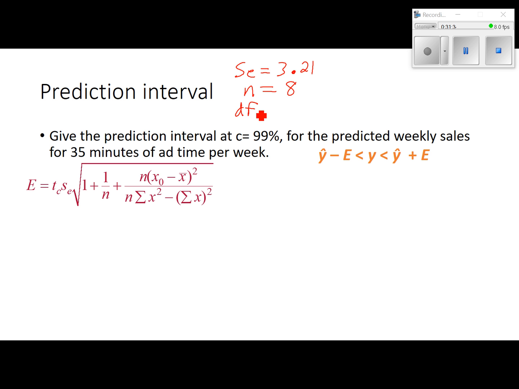That's why I didn't like when some people were putting n minus 1 on the symbols and definitions tests and quizzes. It's degrees of freedom, because now the degrees of freedom are n minus 2, which is going to be 6 this time. And they tell us that our C is 99%, so our C is going to equal 0.99.